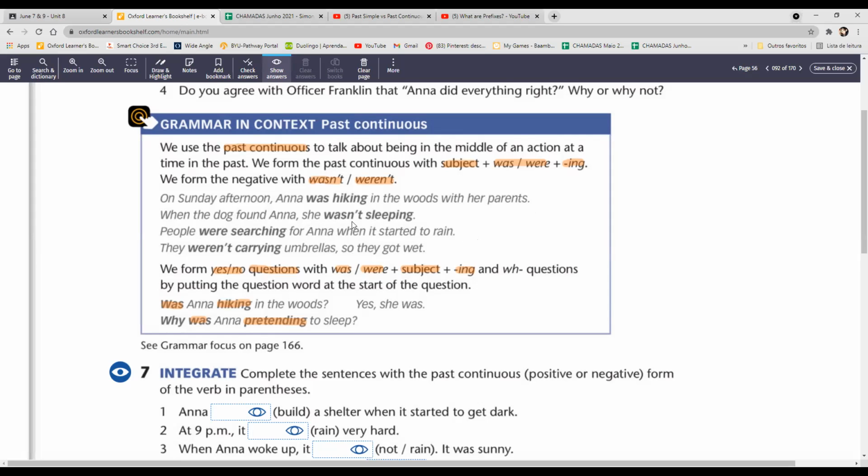So here we are using the past continuous to describe what happened to Anna, okay? So on Sunday afternoon, Anna was hiking in the woods with her parents. Do you understand the meaning of hiking?